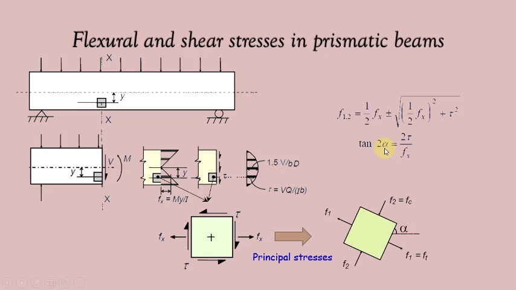For elements located at the neutral axis, the condition of pure shear stress exists. That is, tau is maximum at the neutral axis and Fx is 0. So the principal stresses F1, F2 are equal to the maximum shear stress, and alpha, that is the principal plane, is inclined at an angle of 45 degrees.